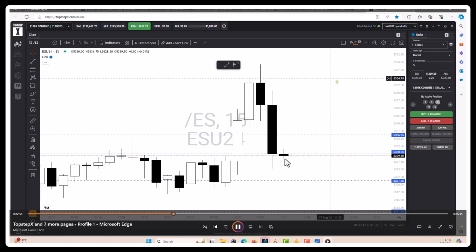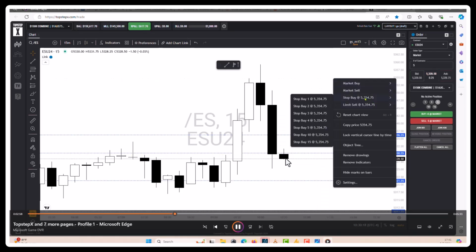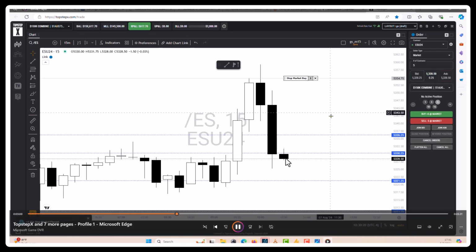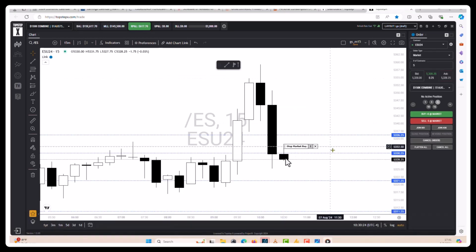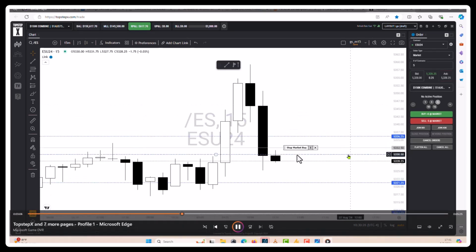So we do a buy stop, $31, but we want to make sure that we put 1 point above that.